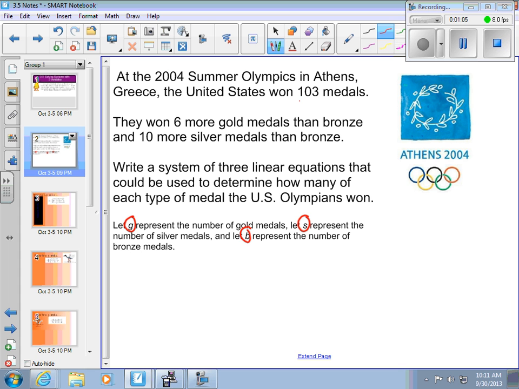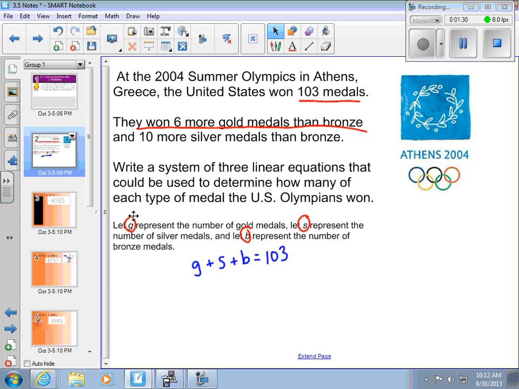All right, so let's start off with that first sentence. United States won a total of 103 medals. Well, if we put that information into a statement, that means the number of golds plus the number of silvers plus the number of bronze should total up to equal 103. All right, reading on. The next sentence says they won 6 more gold medals than bronze.